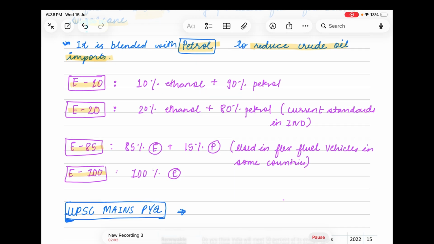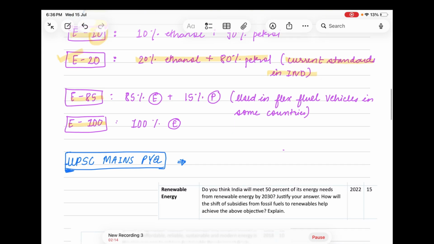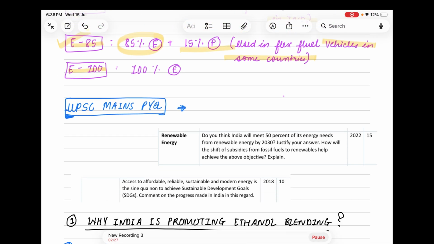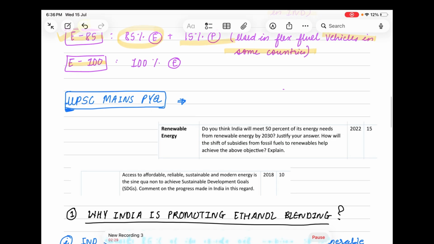Right now in India, we have the standard E20, that is 20% ethanol plus 80% petrol. However, some other countries use E85, that is 85% ethanol and 15% petrol.